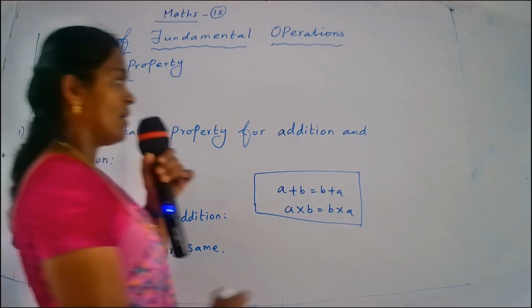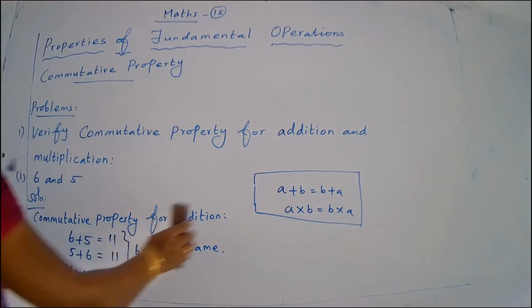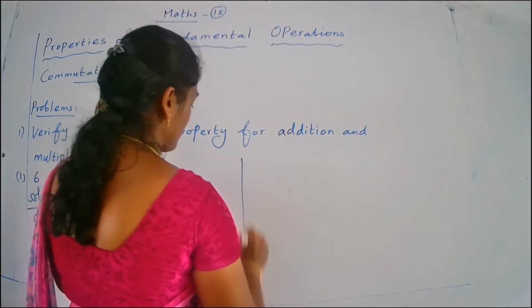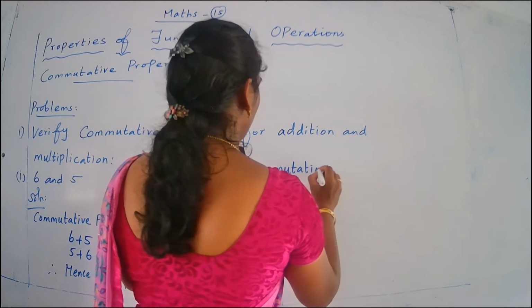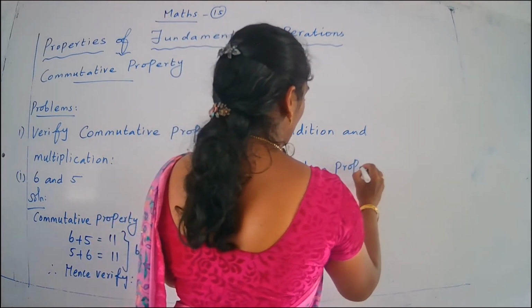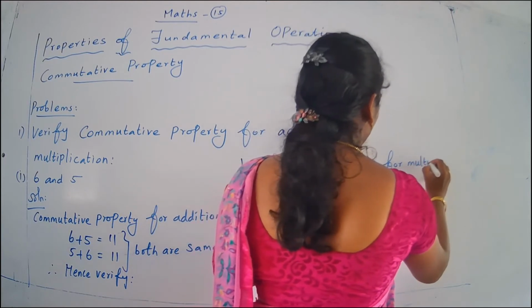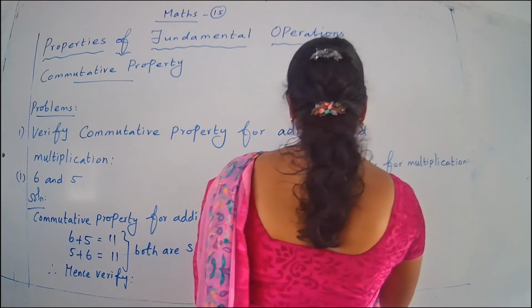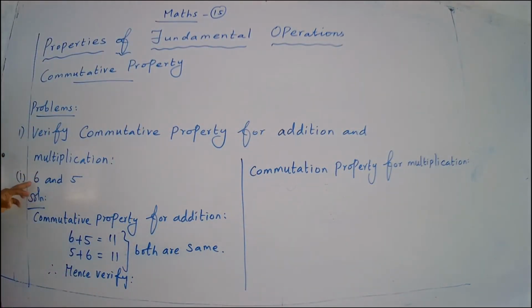Next, you check for commutative property for multiplication. What is the rule? A into B is equal to B into A. Here A is 6, B is 5.